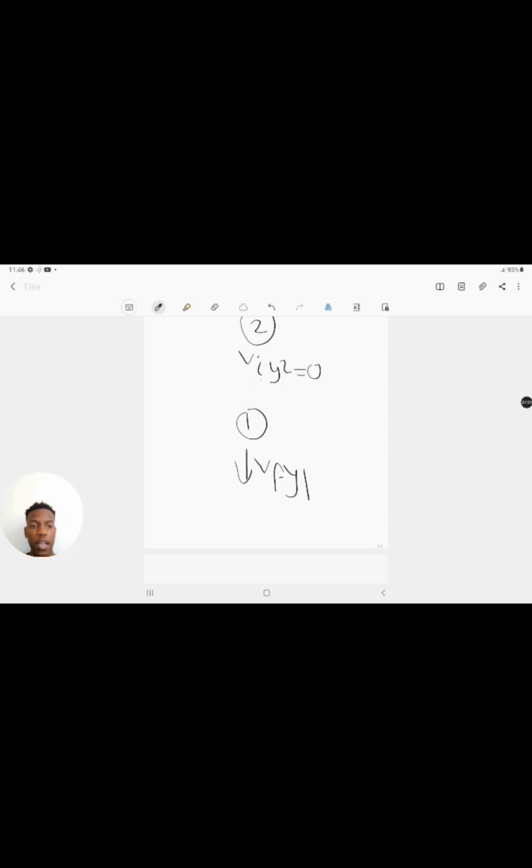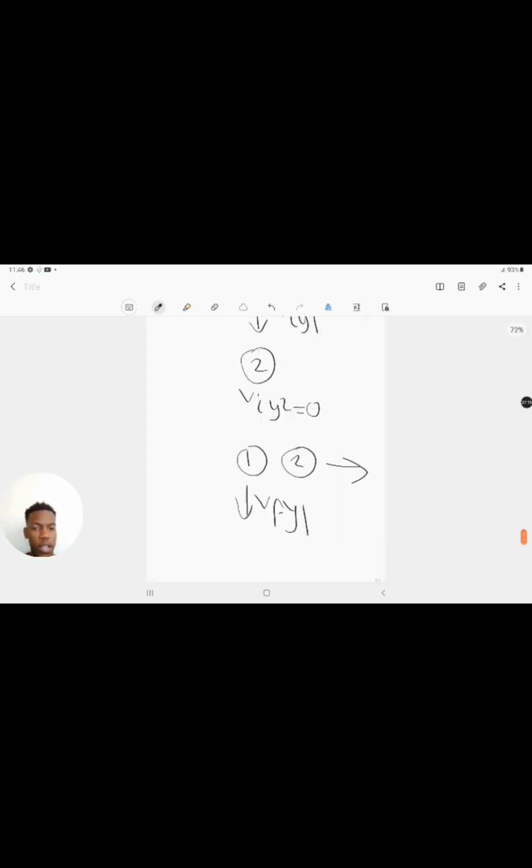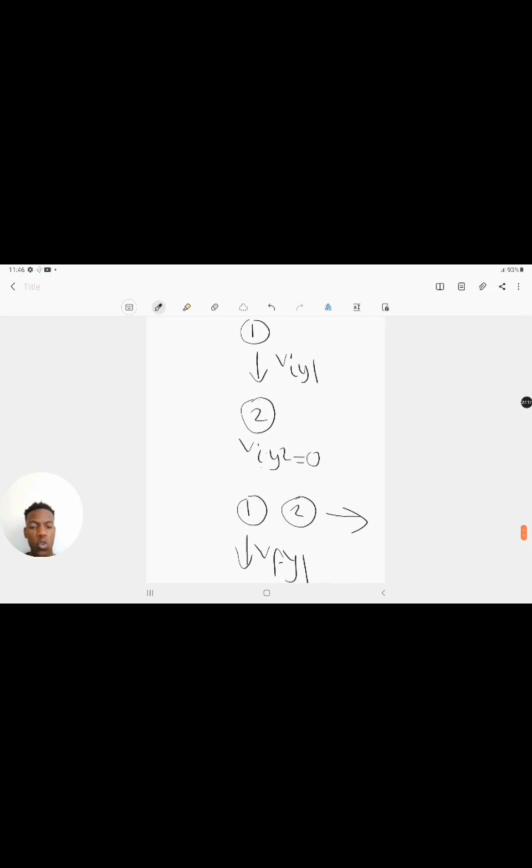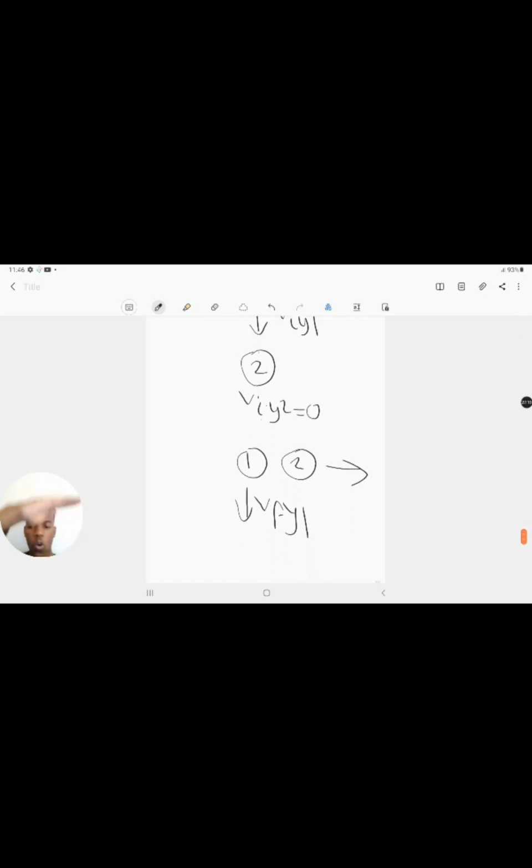What about ball number 2? Well, ball number 2 is moving to the right. After it got struck by ball number 1, it moved to the right. So since it is moving to the right, it has no vertical direction, and we're not interested in that velocity.